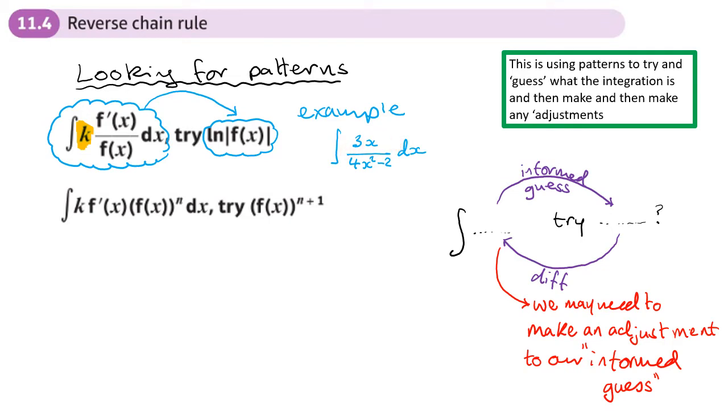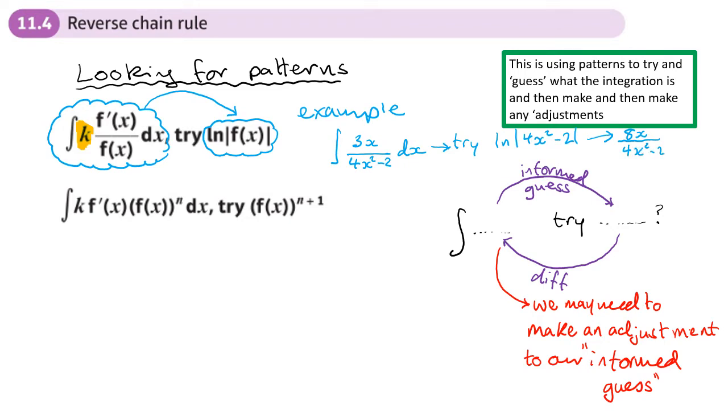So what I will do on something like this, I will try the log of the bottom. So I will try the log of 4x squared minus 2. Now how do I see how good my try is? I differentiate this, and this differentiated, well, what does it happen to be? f dash of x over f of x. So if I differentiate that, I will have 8x over 4x squared minus 2.